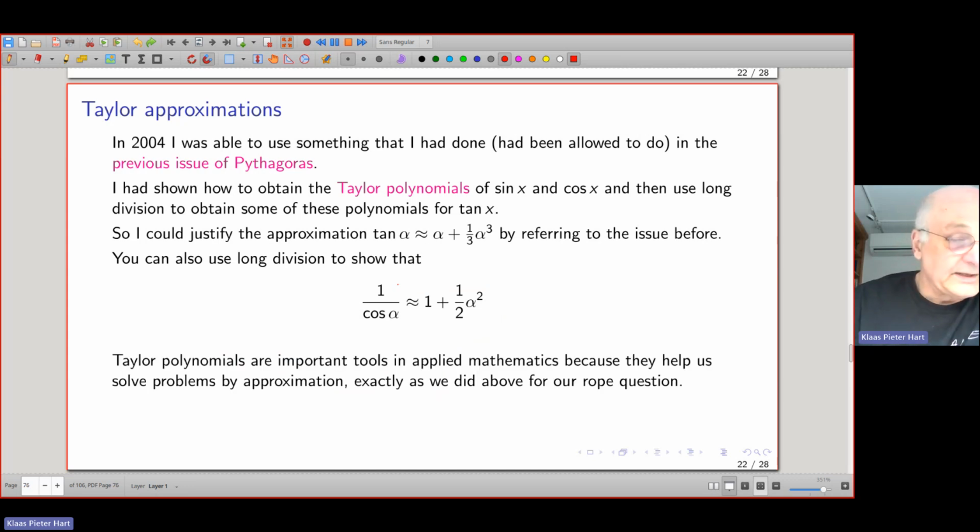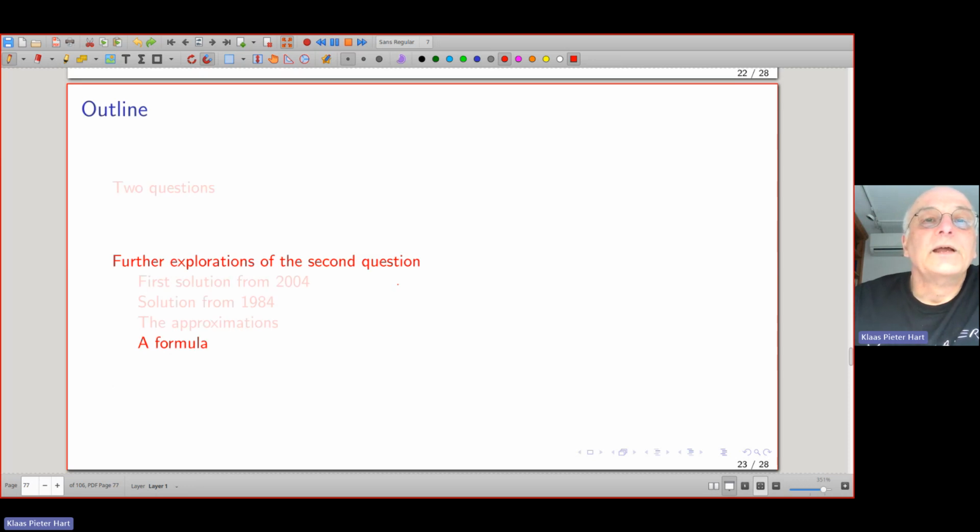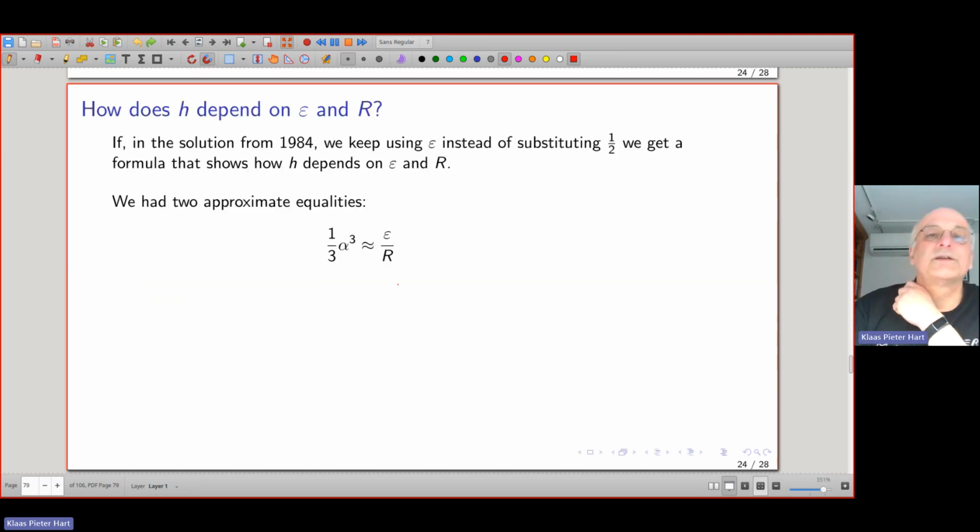And they're, like I said, an important tool because rather than solving complicated equations like tangent alpha minus alpha is equal to something, it's easier to solve 1/3 alpha cubed is equal to something. And so this is what happened in 1984. Now, we keep using epsilon. We don't put the 1/2 in there anymore because we're going to see how h depends on epsilon and r.